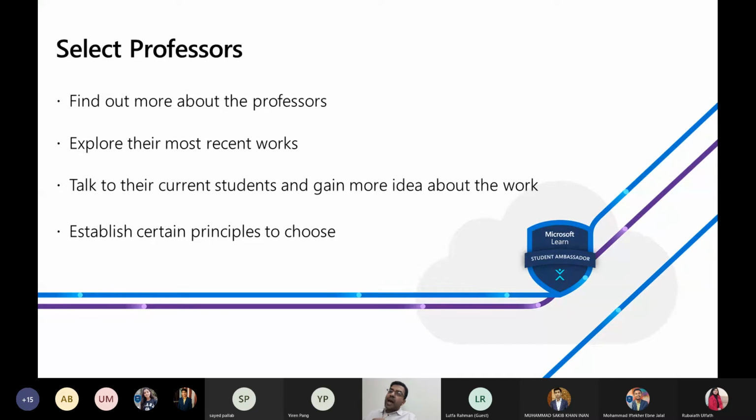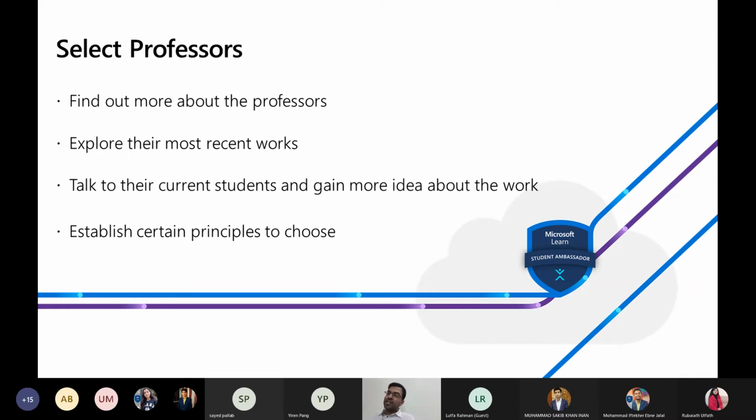So these are the attributes, the principles that we look for in a professor. That, okay, I would like to apply to that person. Does he have funding? Does he have strong connections with the industry? Is he kind? Is he considerate? Trust me, you will not find everything in one person. That's not possible. So set some principles.